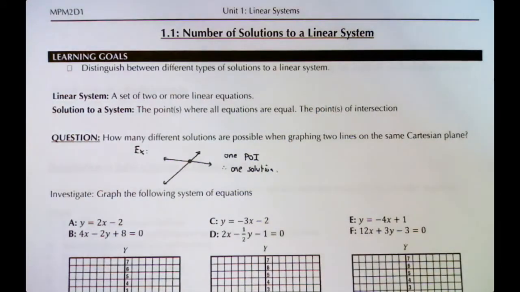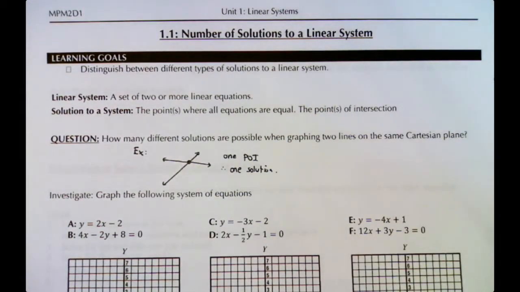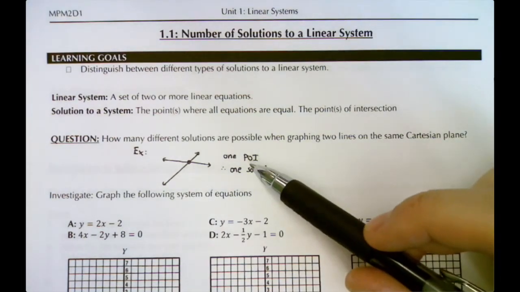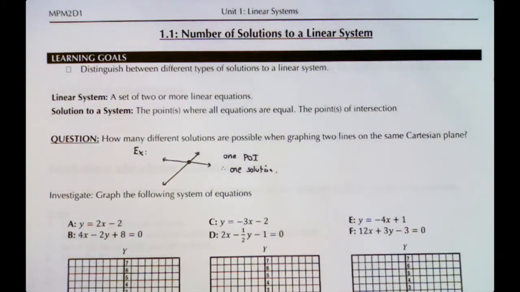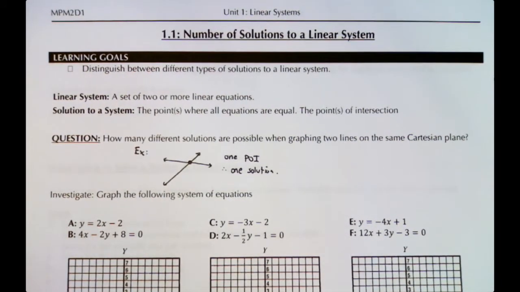And the solution is whatever the coordinates of that point are. So this question is about how many different ways can we have solutions? Well, one type is where it crosses exactly one time. So if you'd like, you could pause the video and think about this question before we do the lesson, but we're going to investigate this concept a little bit further.